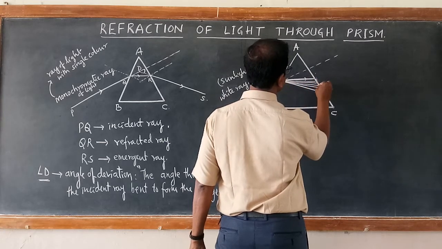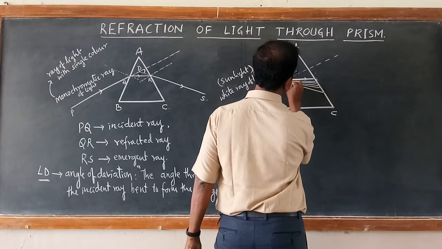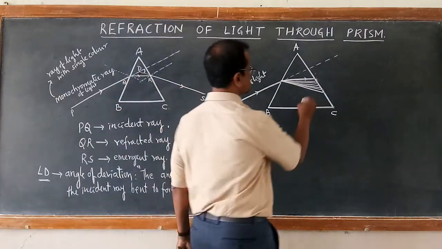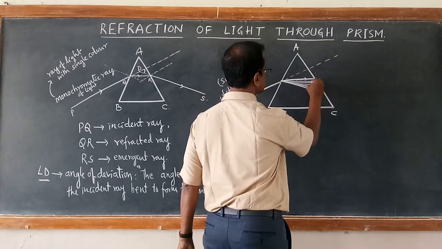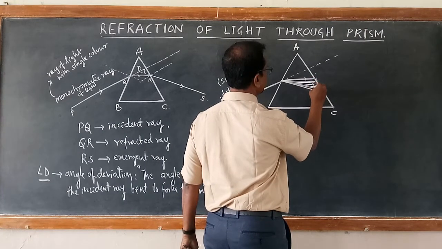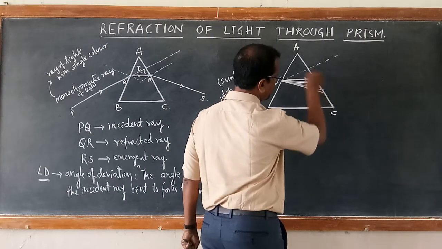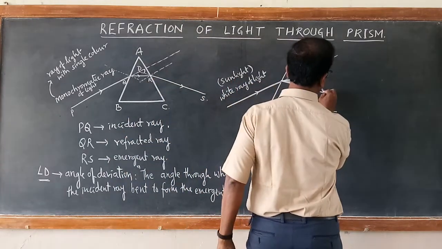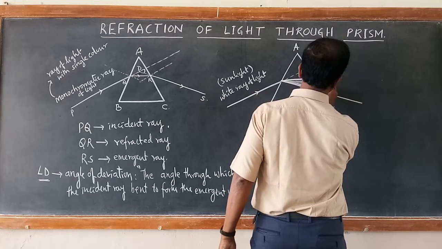One, two, three, four, 5, 6, 7. And these rays, when they emerge out, again they bend away from the normal in this fashion.